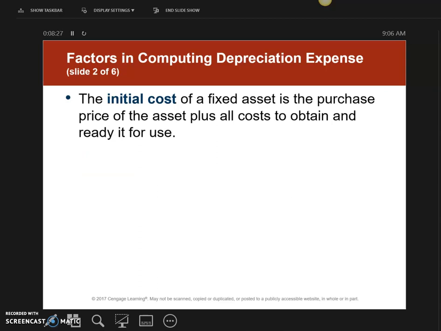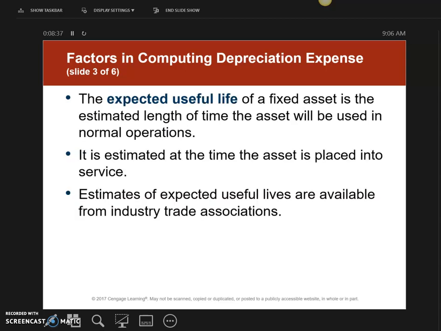So again, the initial cost is the fixed asset, the price you paid for it, plus any cost that you incurred getting it ready to be used. The expected useful life is basically determined by the government. It's placed into business, and its useful life can be anywhere from 3 years to 29 years, depending on what type of thing it is.